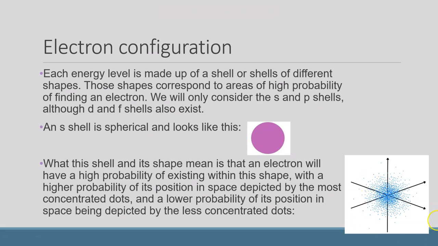So in reality, the first energy level contains an S shell. That S shell can hold 1 or 2 electrons, a maximum of 2 electrons. So hydrogen will hold 1 electron and helium will hold 2 electrons within this shape, where there's a higher probability of finding an electron in the more concentrated parts.